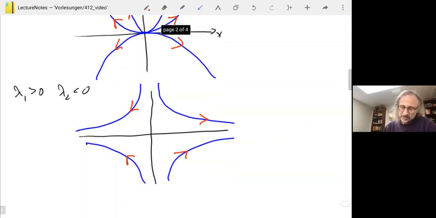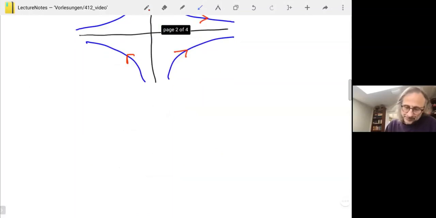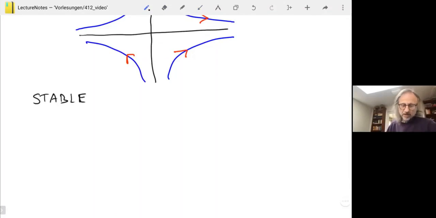And so one defines these eigenspaces, the stable eigenspace, let me write down. So the stable eigenspace is essentially spanned by all the eigenvectors that have a negative real part of the eigenvalue.